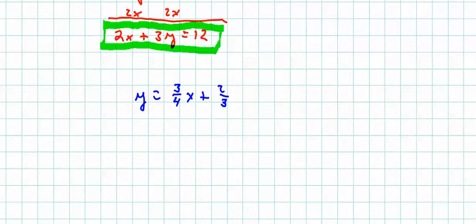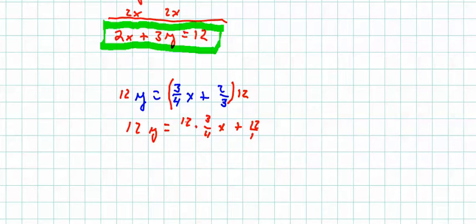Now, we want to get rid of the fractions. Again, I'm going to multiply by the least common denominator, in this case 12, and I'm going to do it to both sides. Now, 12 times 3/4 x plus 12 times 2/3.